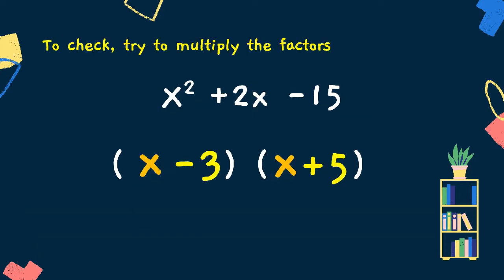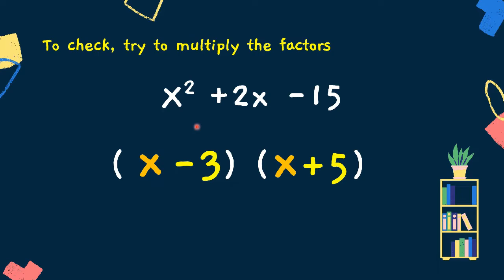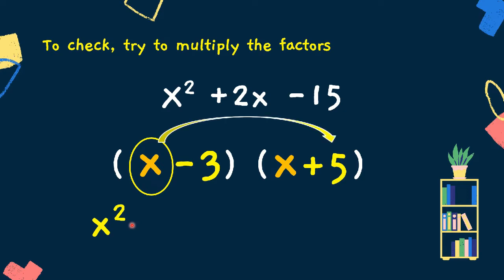To check, we multiply the two factors, and the product must be equal to the given polynomial. First, we multiply using the FOIL method. First term times first term, x times x, gives us x squared. Next, x times positive 5 is positive 5x.